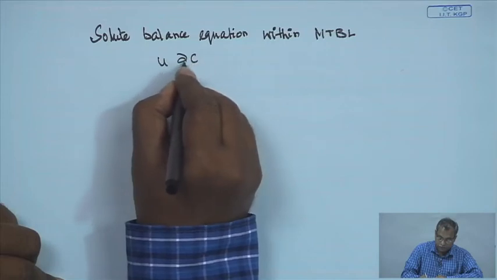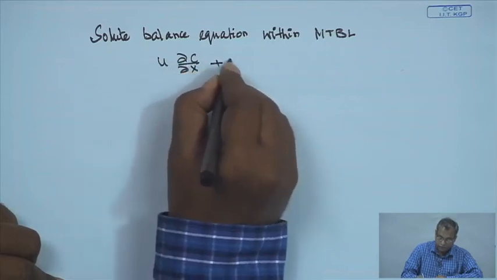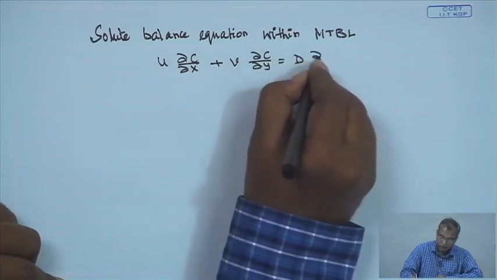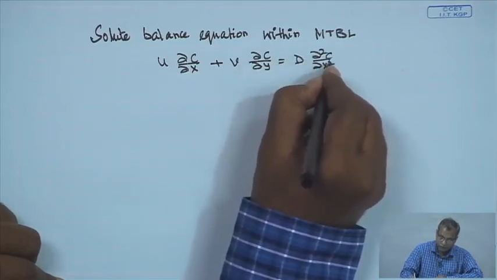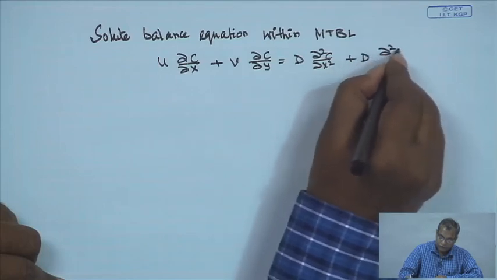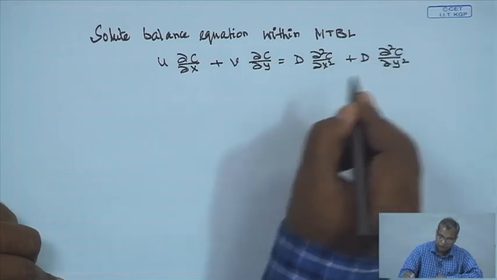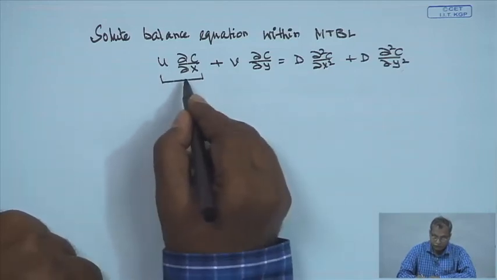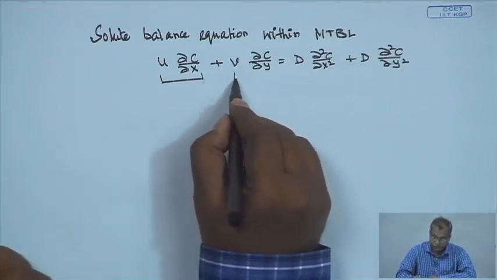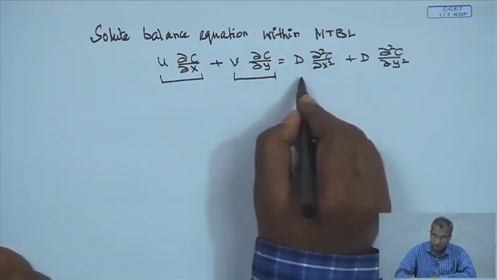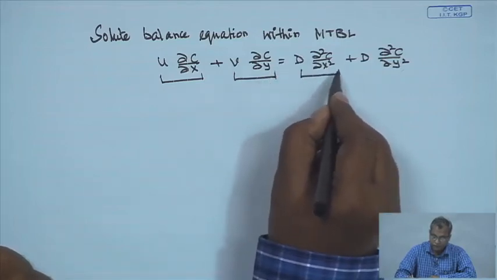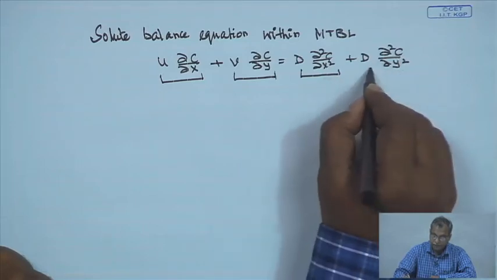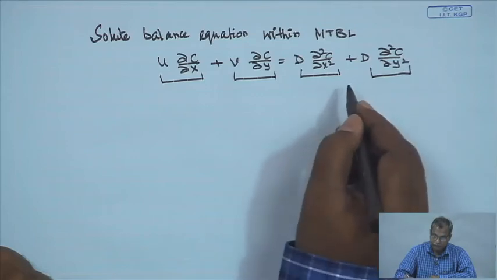U del C del x plus V del C del y is equal to D del square C del x square plus D del square C del y square. Okay. So, the first term represents the convection in the x direction, the second term reflects the convective flow in the y direction. The first term on the right hand side is the diffusive flux in the x direction, and this is the diffusive flux in the y direction.